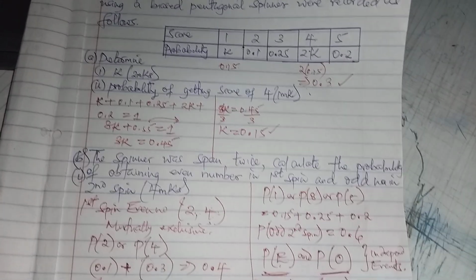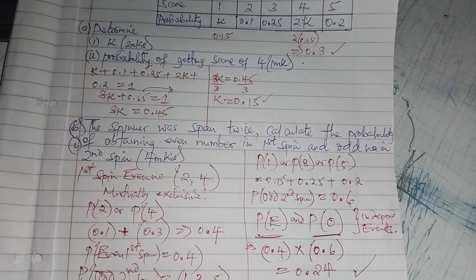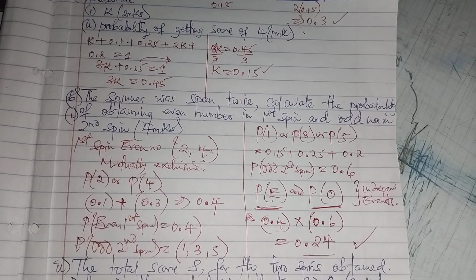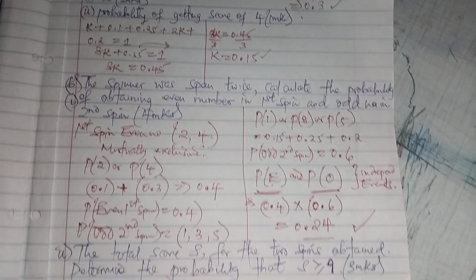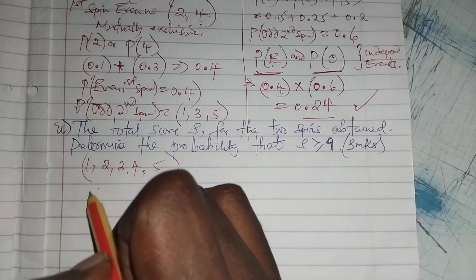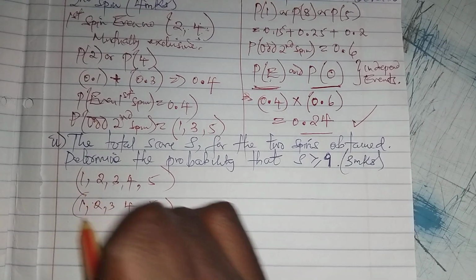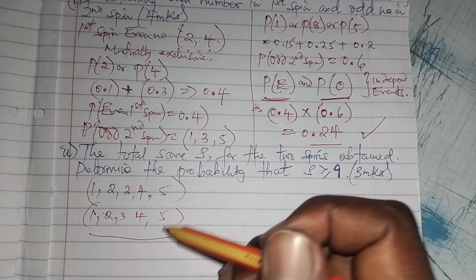S, the sum, is greater than 9. So for the first spin we have all these numbers 1, 2, 3, 4 and 5. Again for the second spin we have 1, 2, 3, 4 and 5 possible outcomes.